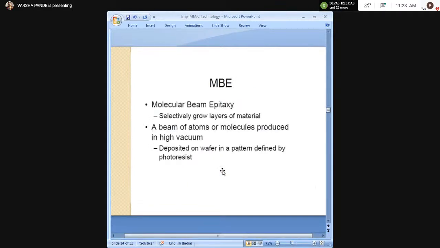Then molecular beam epitaxy, that epitaxy method, is required to grow an active layer above the substrate, because the substrate is plain. Devices are not fabricated within the substrate. Above the substrate an epitaxial layer is grown, which is the active layer, and within that active layer the further devices are fabricated. Therefore here molecular beam epitaxy is used.